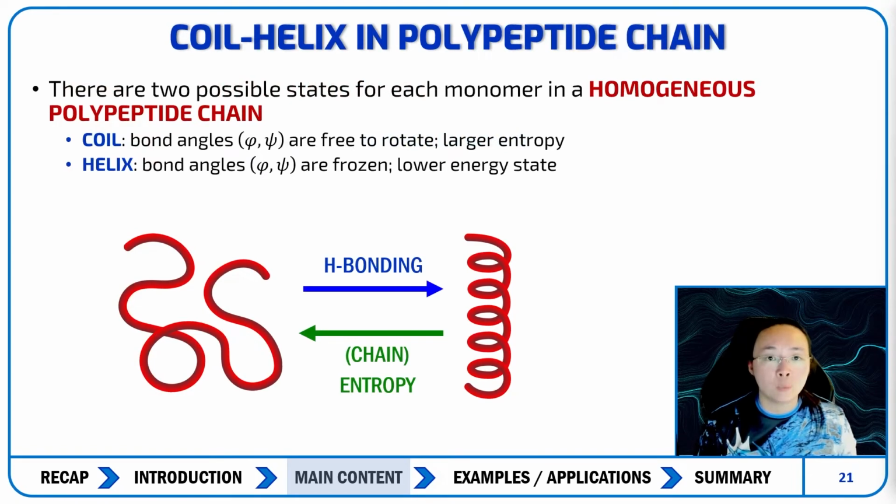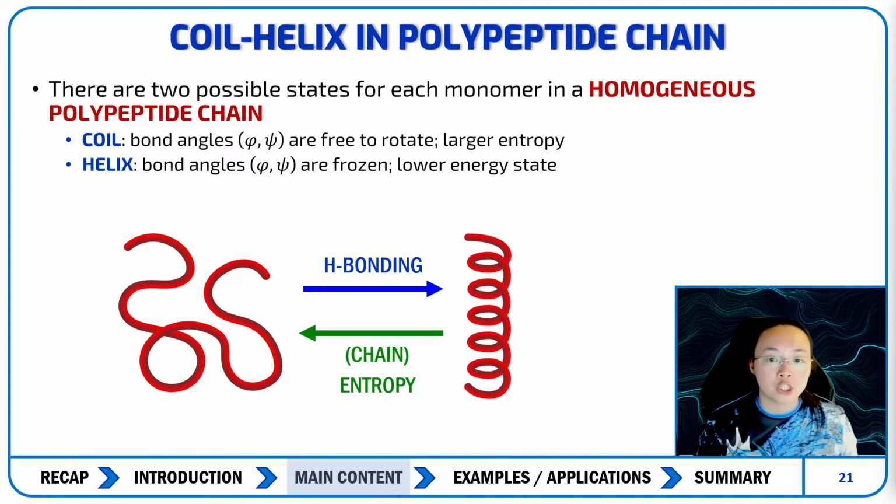When looking at a homogeneous polypeptide chain, we note that there can only be two forms of each monomer. So either the monomer is in a coil state, where the bond angles are free to rotate, so something like this, or the monomer is in a helix state, like this, which means that the bond angles are frozen due to the presence of hydrogen bonding, forcing it into a lower energy state.